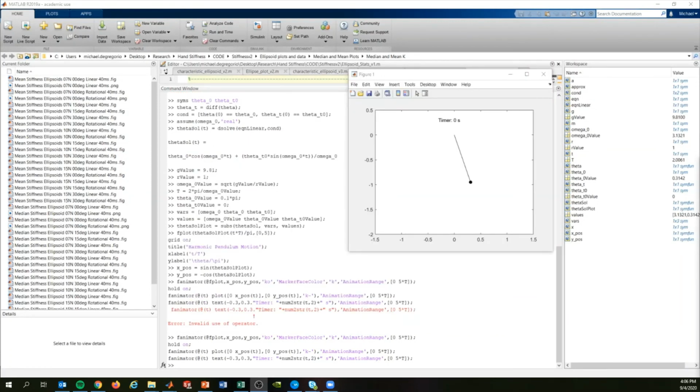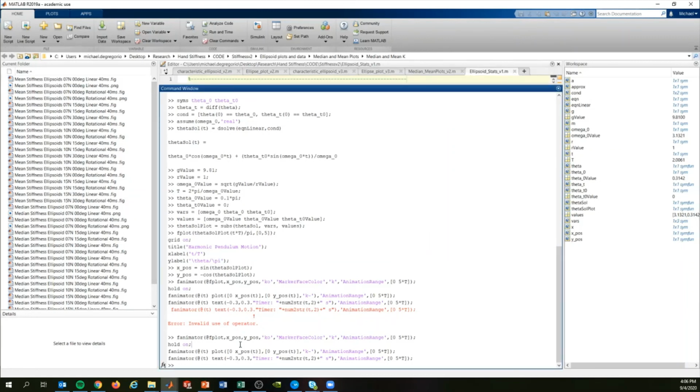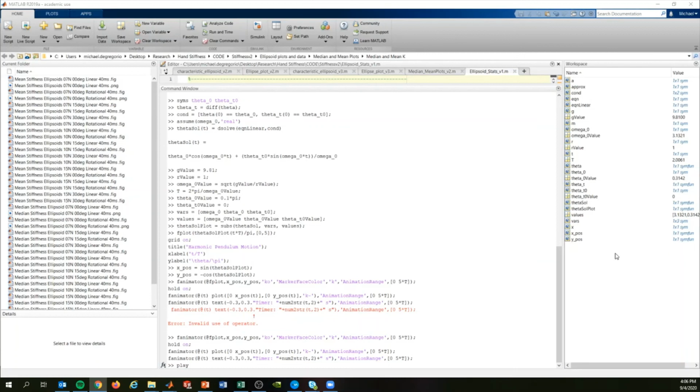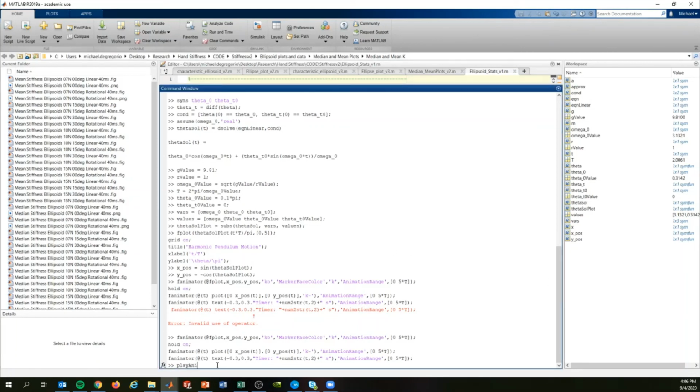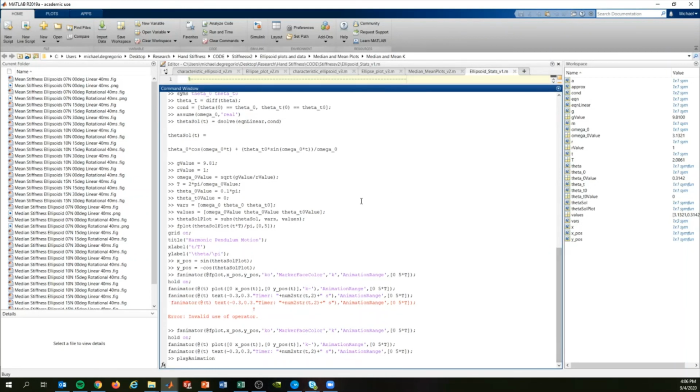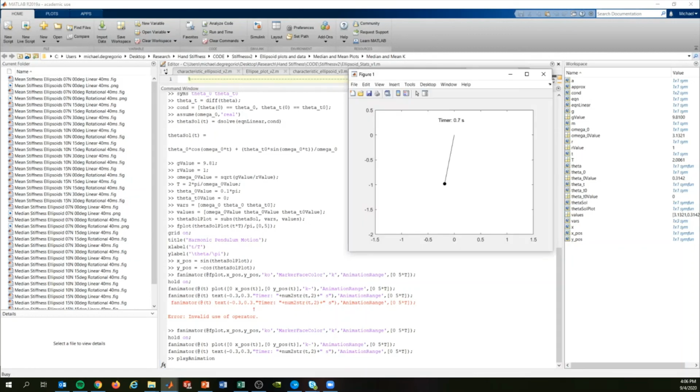All right, so here it is. Here's our animation window. It's going to disappear for a second because we need to type play animation. Once I do that, I'll pull the window back up. I'm going to hit enter, and then hopefully you'll see it moving.